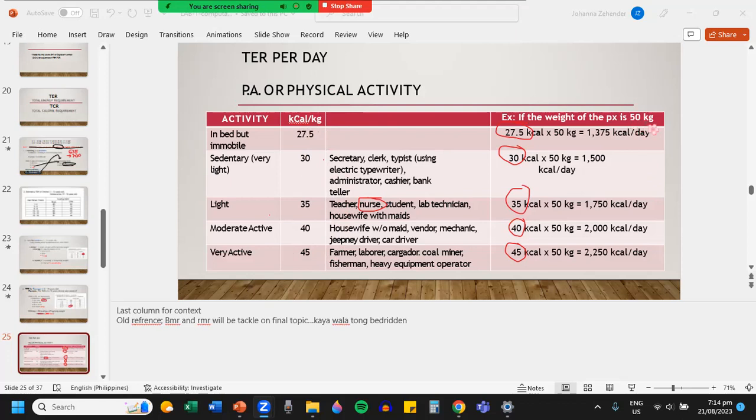So the patient's physical activity would fall under light, kasi nurse siya according to the situation given. So we have 35 kilocalories times the patient's weight of 50 kilograms. That would give a TER of 1,750 kilocalories per day.